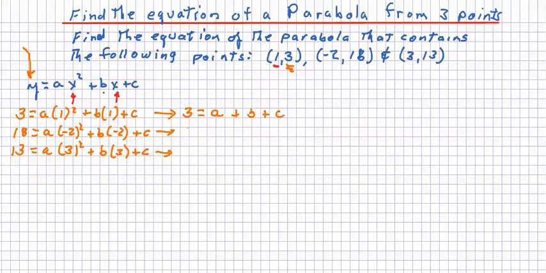Now here, 18 equals, negative 2 squared is 4, 4 times a is 4a, plus negative 2 times b, so much for the plus. It's really a minus, 4a minus 2b plus c.